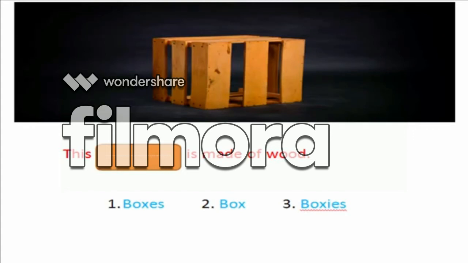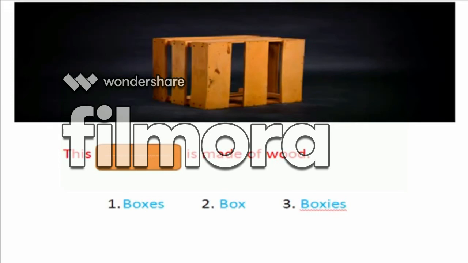And why do we choose box and drop boxes? Simply because box is singular. And this box is, it is the correct answer. Now, concerning number 1, boxes, it means es in English. That is the plural of box, we add es. Why?